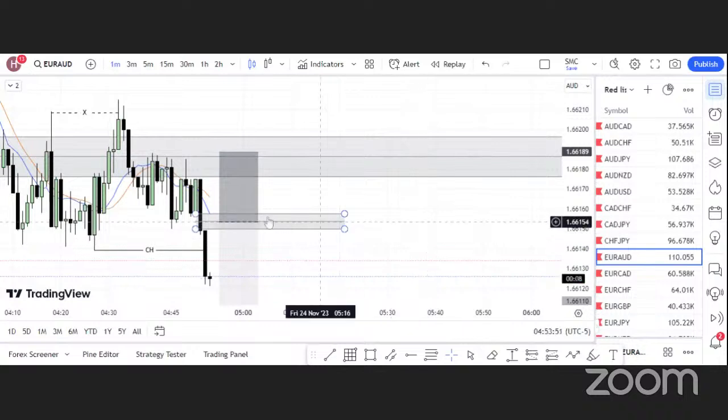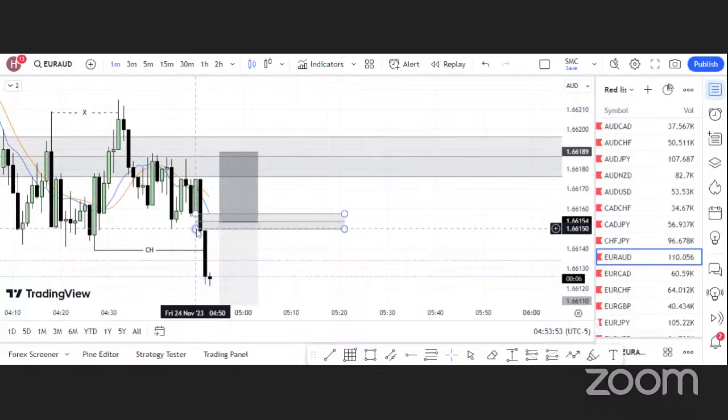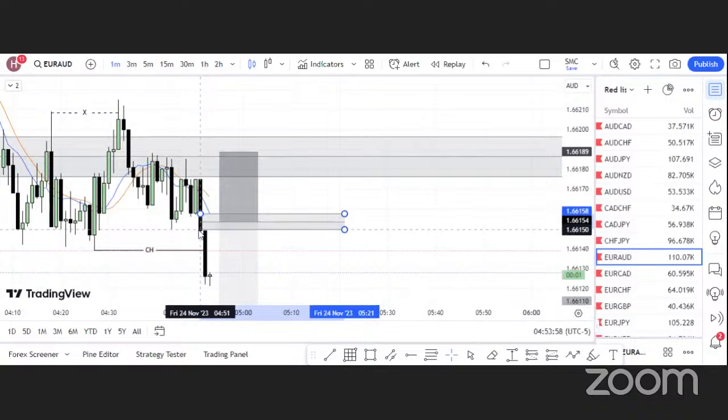So I want this to come back in here, and once it does, we are going to be placing a sell trade.